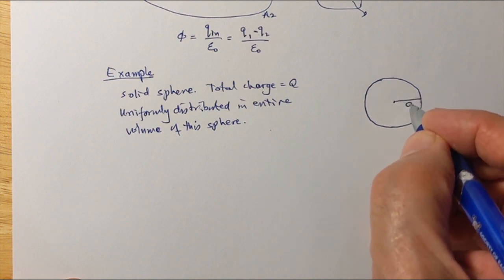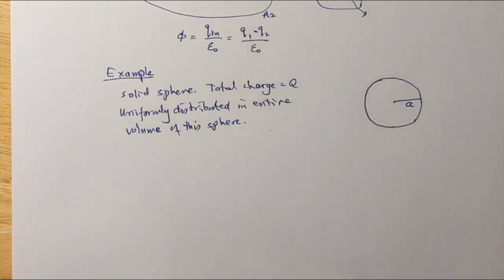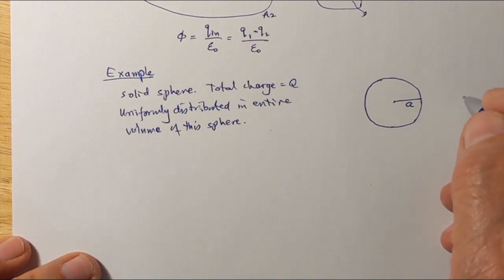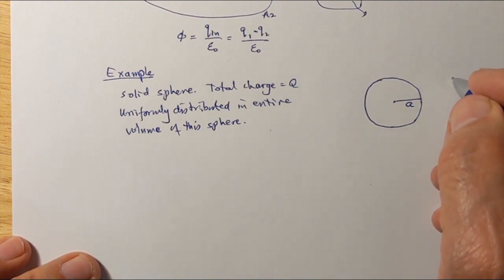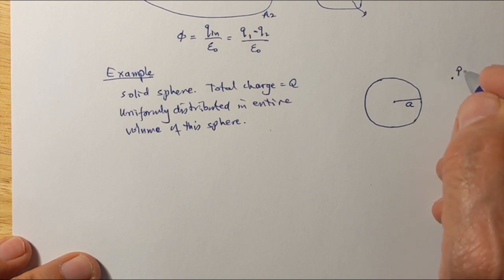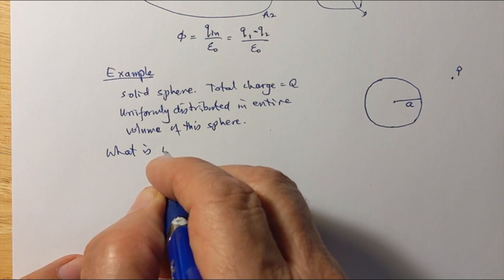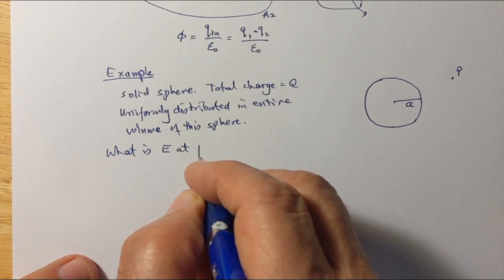The radius is taken as A, and we want to find the electric field, let's say over here. This is our point P. The question is, what is the electric field at P?